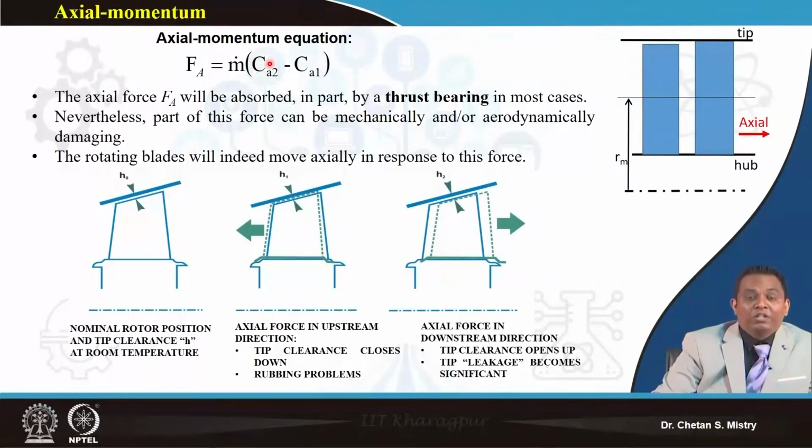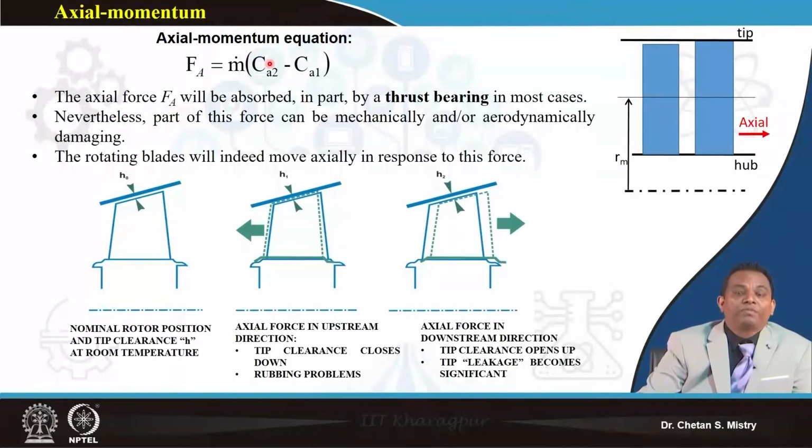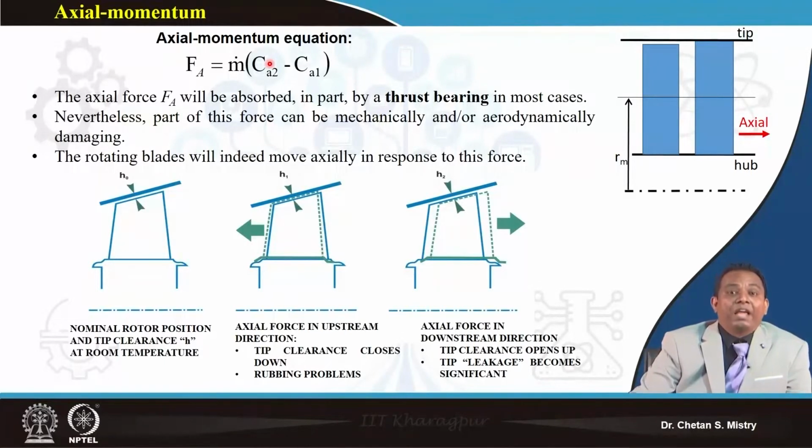This represents the axial force component, which is taken care of by the thrust bearing. This is responsible for mechanical and aerodynamic damage to the rotors.